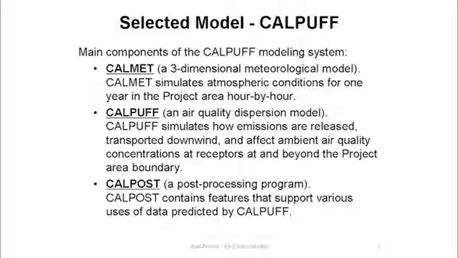There's CalPUF that actually does the algorithms to figure out where the emissions are going to go and what the concentrations are going to be, and deals with chemical transformation and dry particle deposition and a whole lot of flags depending on the application of the model. And then CalPost is just a way to make sense of all the results that are generated by CalPUF. It helps to organize the data, apply it to some projects have specific applications that the CalPUF model results can be used to, and CalPost helps you do that.